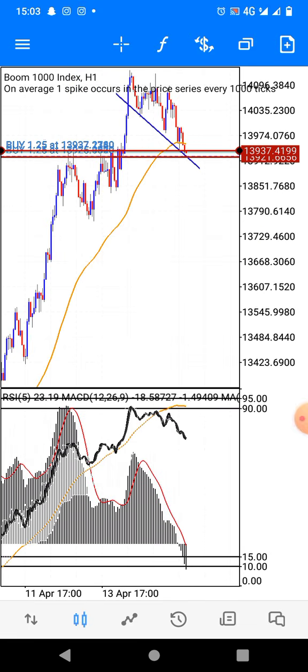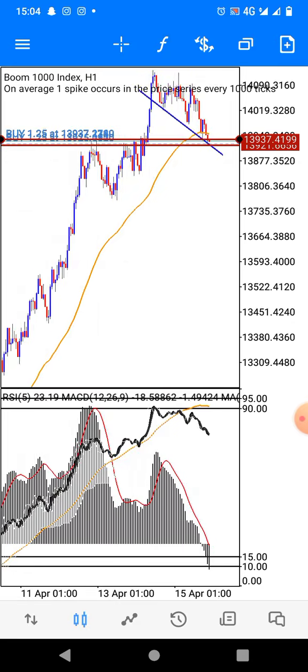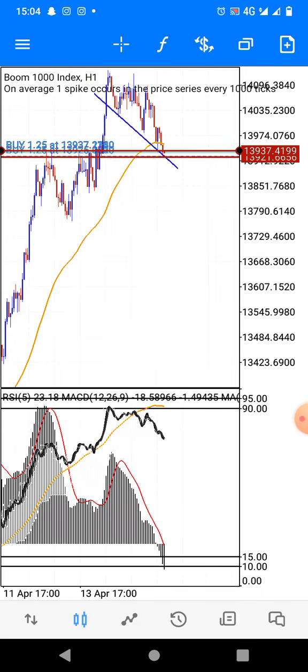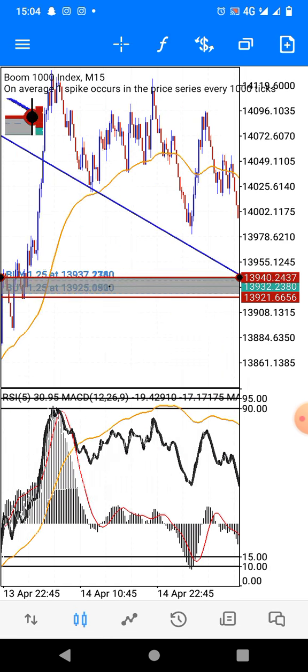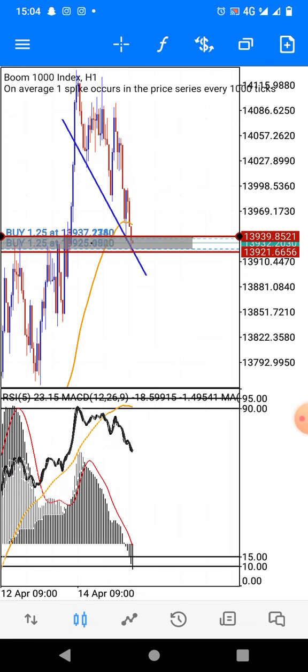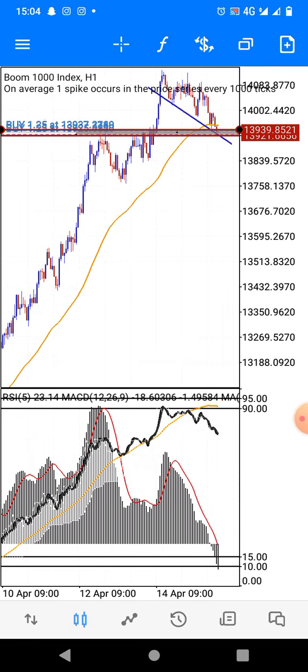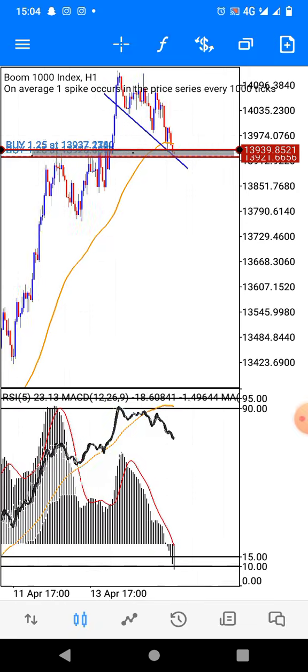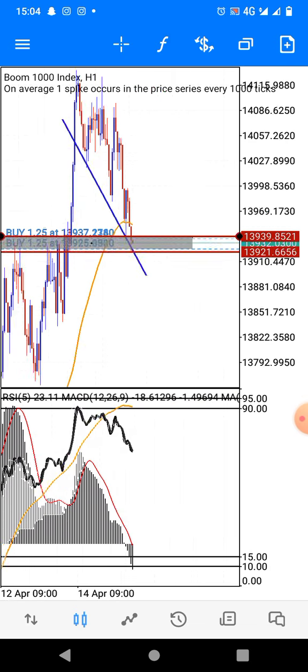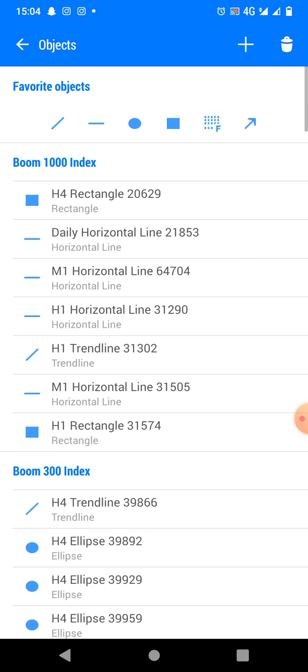And other than that, I have this other trend line which looks more like a flag, and we have this level here, which is a very strong level of support. So we have about three confluences to this one. We have the horizontal trend line and the declining trend line, which makes it a flag. So I'm expecting more spikes to the upside.